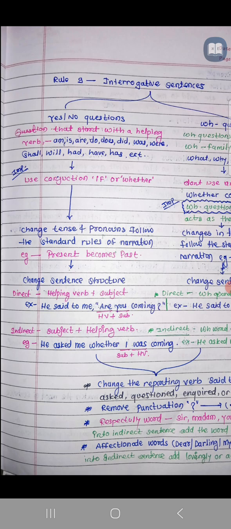Simple past, past perfect. Past continuous, past perfect continuous. Past perfect no change, it remains past perfect. Same tense. Will, would, will be, would be or should be, can, could, may, might, and must, had to. Again I told you.